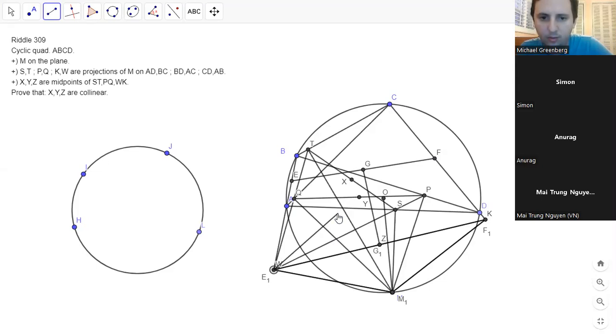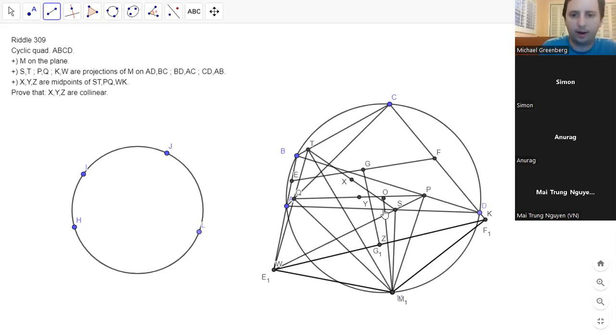It's QS and K, QSK. Okay. So we have WQ and T are collinear, and then WS and P are collinear. And then from there, QSK are collinear.